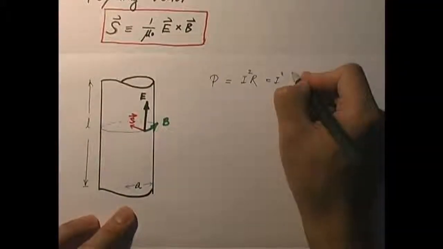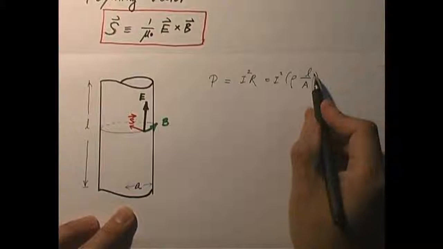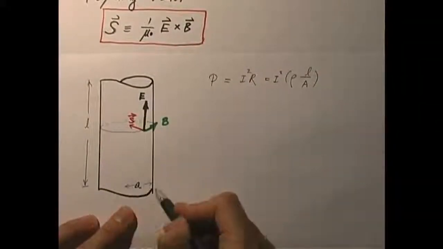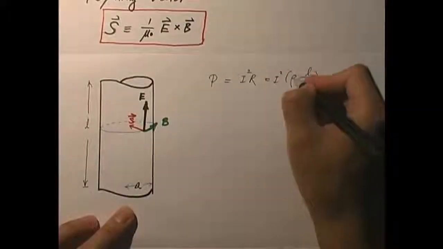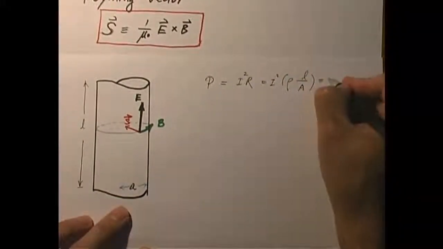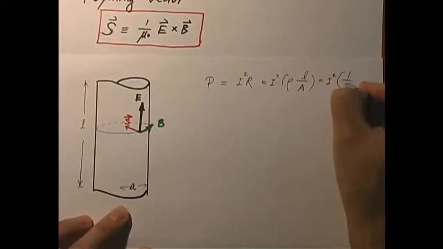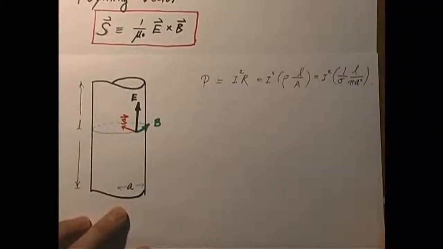In fact, R is rho times L over A, where L is the length, A is the cross-sectional area, which is pi A squared, and rho is the resistivity, which is the inverse of the conductivity. So I can write this as I squared times 1 over sigma, where sigma is the conductivity, times L over pi A squared. Right? That's the thermal power.